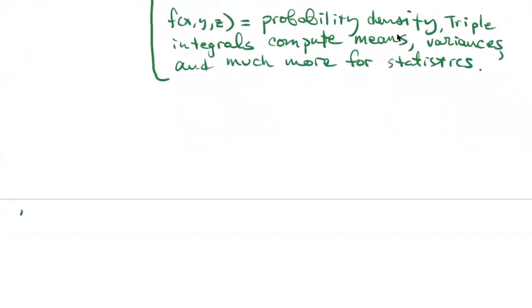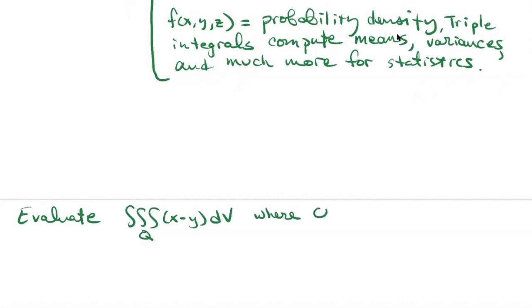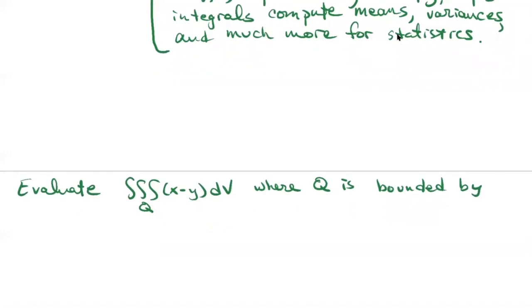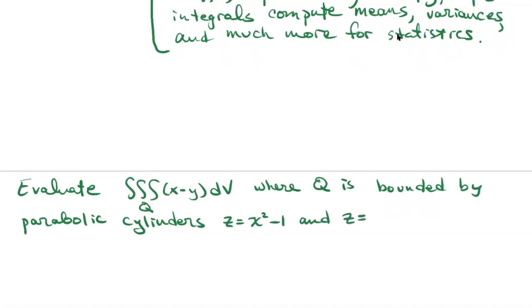So here, evaluate a triple integral over a solid Q of x minus y dV, where Q is bounded by the parabolic cylinders z equals x squared minus 1 and z equals 1 minus x squared.